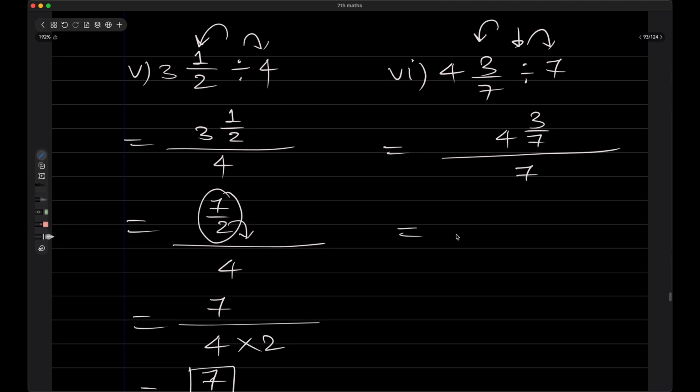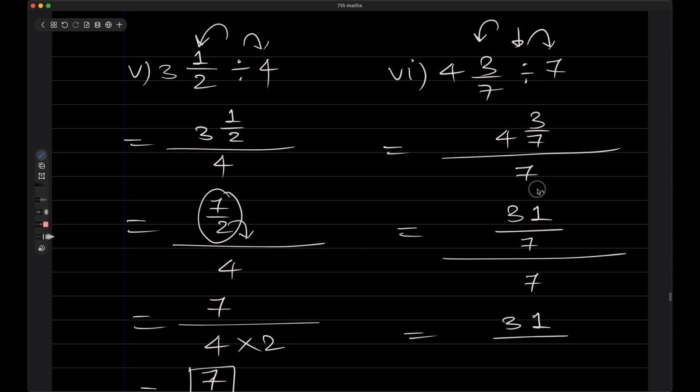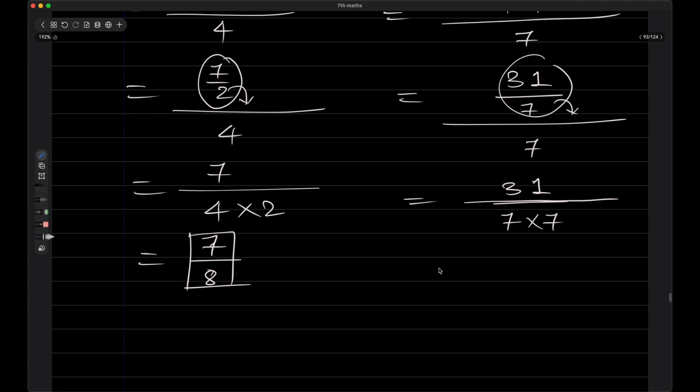Now convert the mixed fraction to improper fraction. 4 7s are 28 plus 3 is 31 divided by 7 and division sign 7, that is equal to 31 as it is. Send the denominator of the fraction to the opposite side, that is 7 and 7 as it is, that is equal to 31 divided by 49 is the answer.